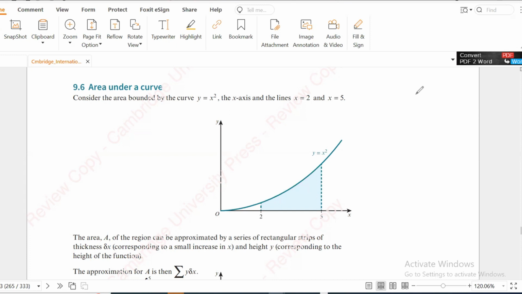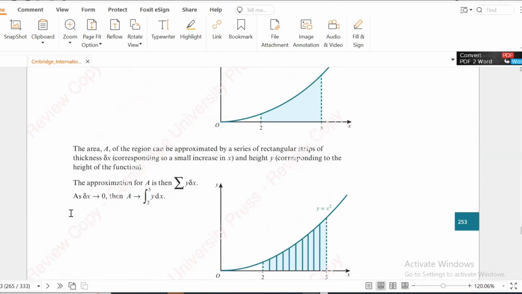By using integration concepts. And one more thing, basically the area A of the region can be approximated by a series of rectangular strips of thickness, and for that we will use a small value, which we can call delta x, and the height y corresponding to the height of the function.